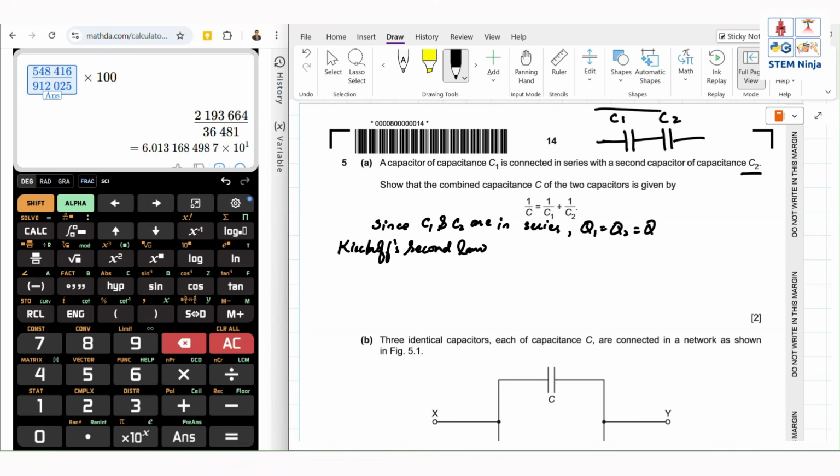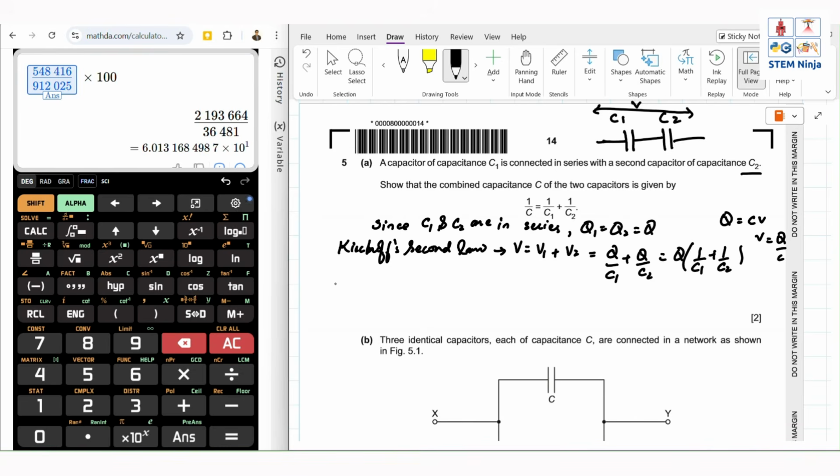you can actually write V over here. V would be V1 plus V2. Again, Q is equal to CV, so V is equal to Q over C. So Q over C1 plus Q over C2, that means Q times 1 over C1 plus 1 over C2.